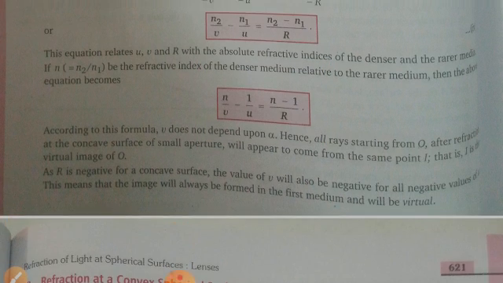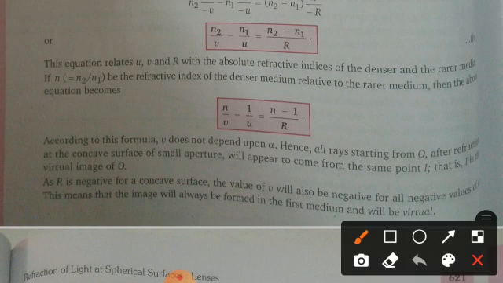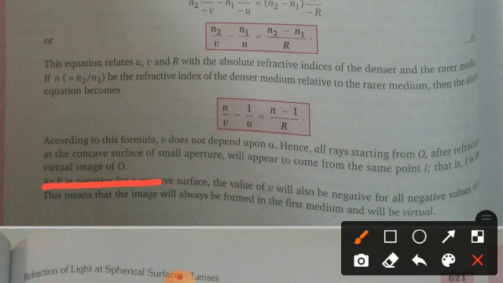Hence all the rays starting from O after refraction at the concave surface of a small aperture will appear to come from the same point I, that is called the virtual image of O. Now as R is negative for concave surfaces, the value of V will also be negative for all negative values of R. This means that the image will always be formed in the first medium, and what type of image? It is virtual in nature.